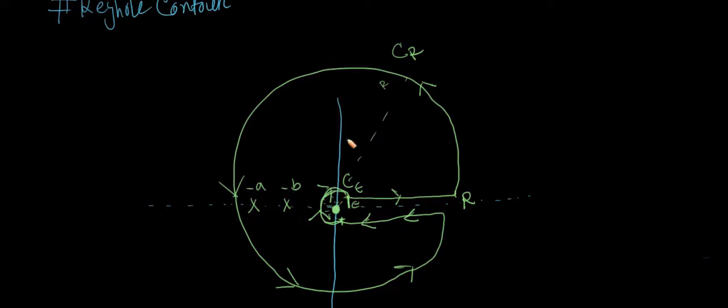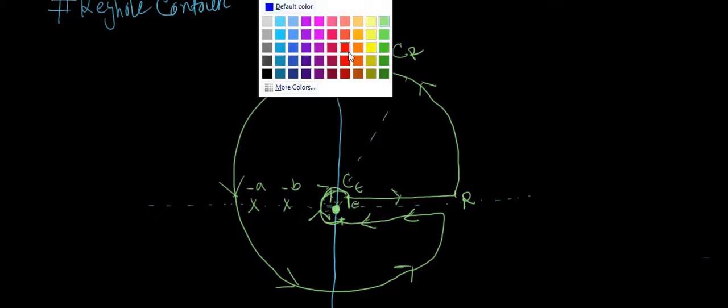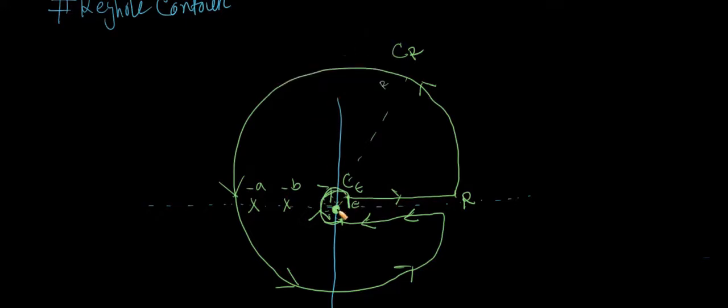So that's why we need to introduce a branch cut. The branch cut for this integral that we will choose starts from 0, and since infinity is also a branch point, we're going to choose a branch cut that extends from 0 to infinity. And let me just use a thicker color, and this is our branch cut.